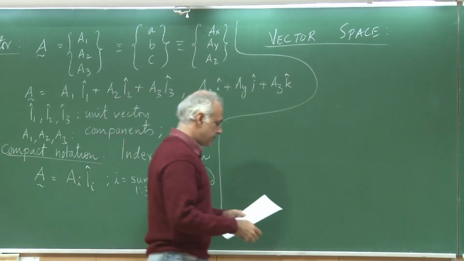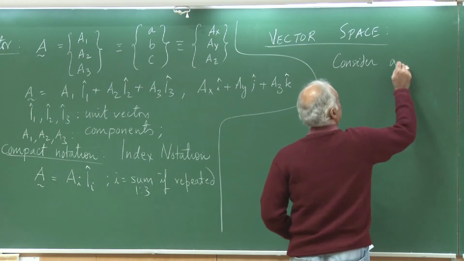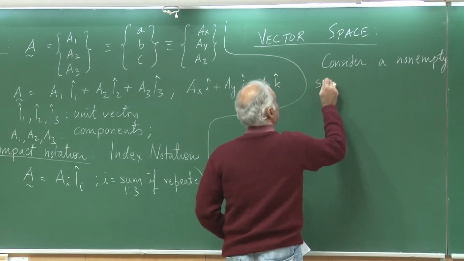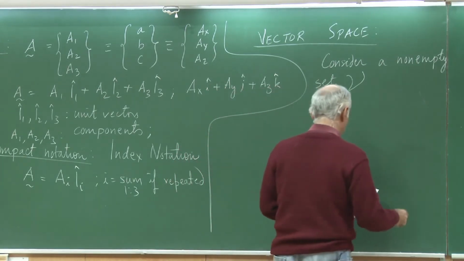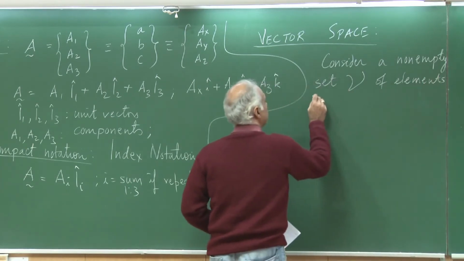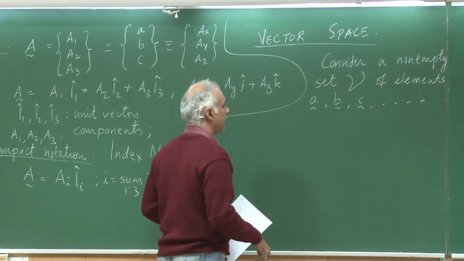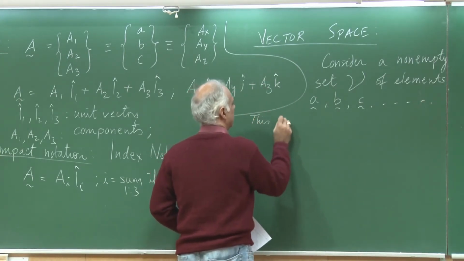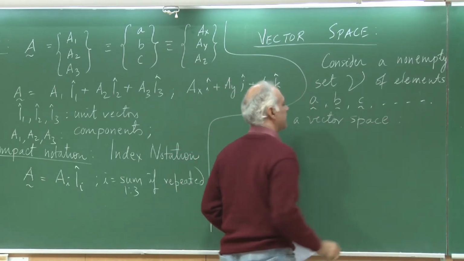So, consider a non-empty set, and let me denote this by V, of elements A, B, C and so on. So this is a vector space.